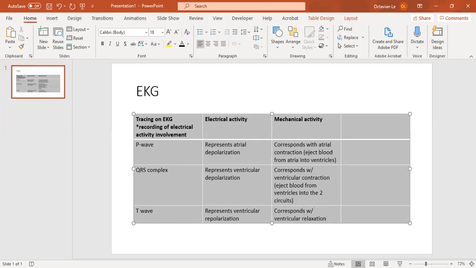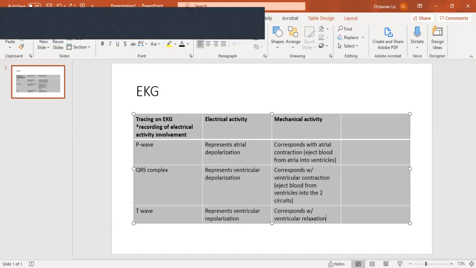So what that means is that the P wave represents atrial depolarization, which corresponds with the atrial contraction. So keep in mind, electrical activity corresponds with mechanical activity. Mechanical activity just means that, in this case, contraction or relaxation. Okay, so it could be one of those two.